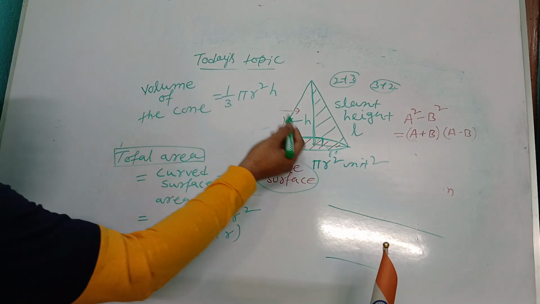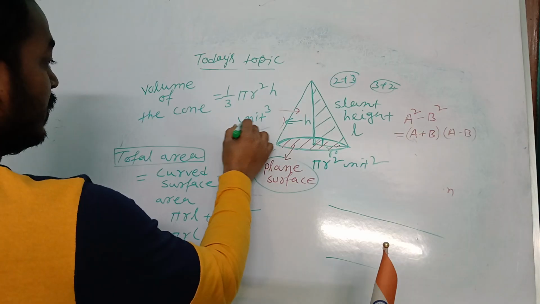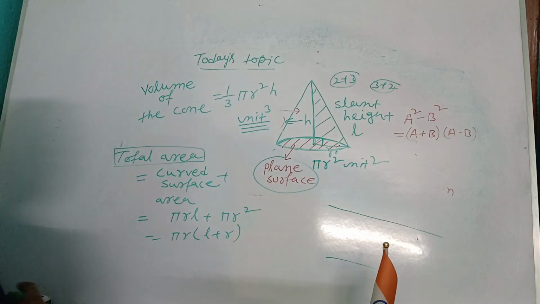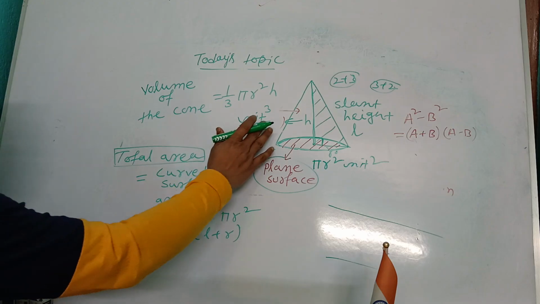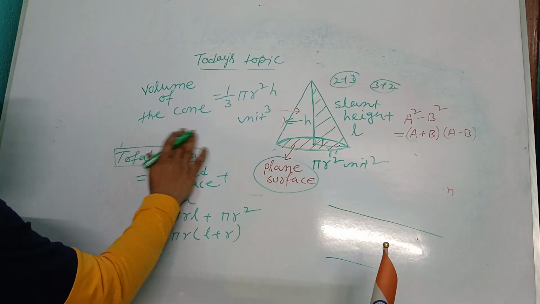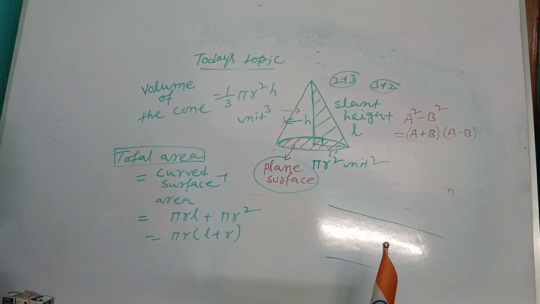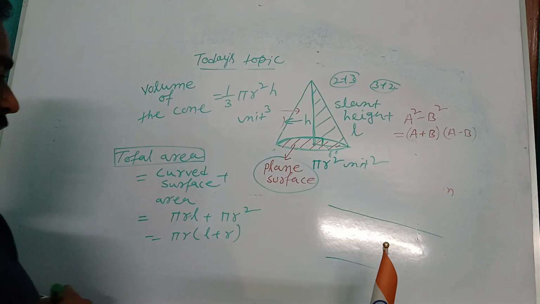The unit is cubic unit. The volume of the cone is 1/3 pi r square h.